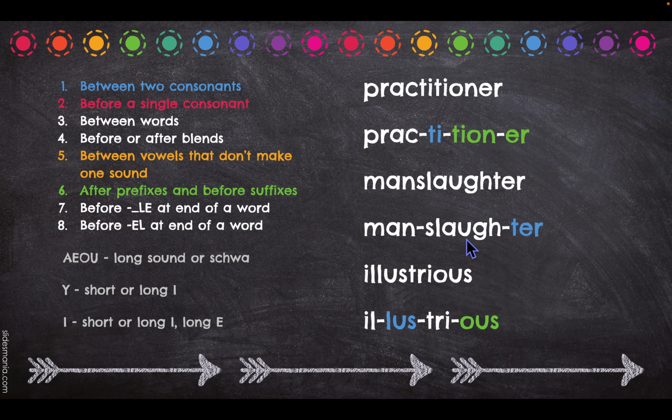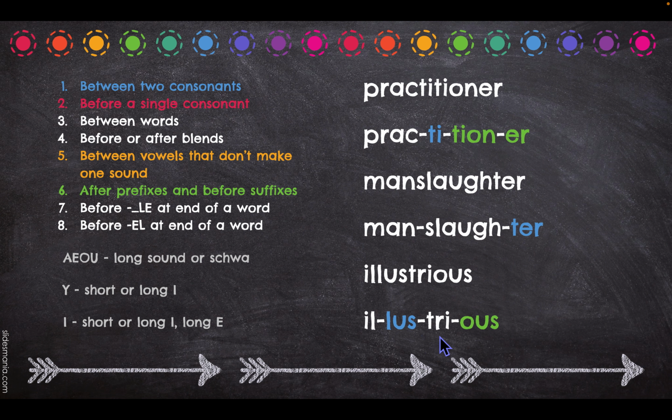AU says aw, and GH most of the time is silent. Sometimes it says G, like in ghost, and in a few words like laugh, cough, and tough, it has an F sound. But since it is silent most of the time, we will try that sound first. So we have manslaughter, manslaughter.